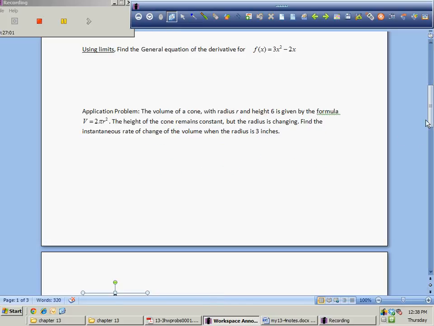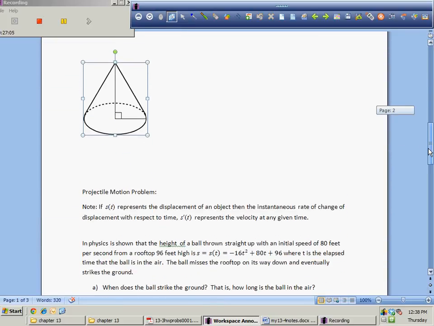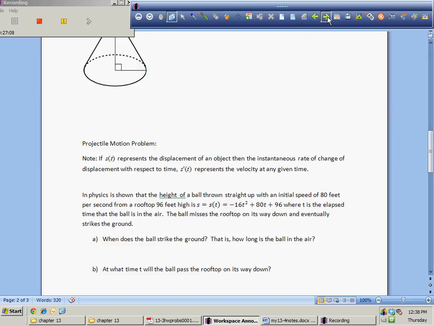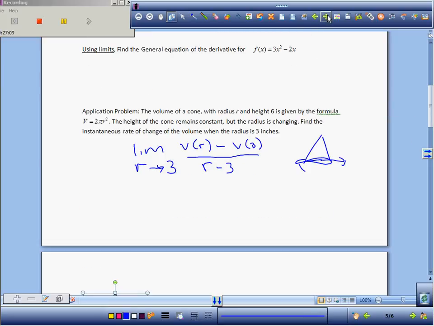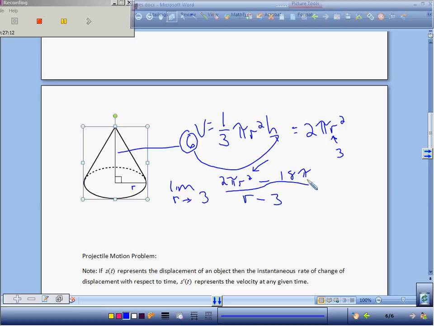Am I still recording? I am. So I just take this and I can factor. I said I wasn't going to do the problem, but I guess I will. This is the limit as r goes to 3 of 2 pi times r squared minus 9 over r minus 3.